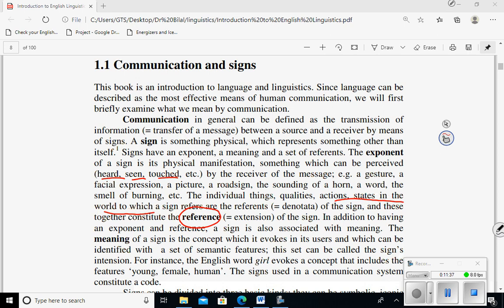And finally, the meaning of a sign is the concept which it evokes in its users, and which can be identified with a set of semantic features. So this is what is meant by the meaning of the sign. Meaning of the sign can be understood or identified with a set of semantic features.